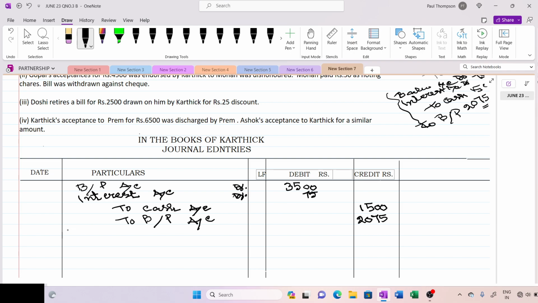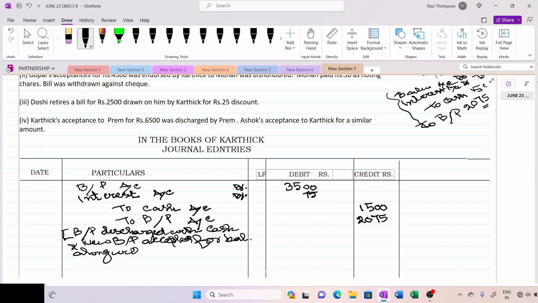So you can write here: BP discharged with cash payment and new BP accepted for balance along with interest. This is clear to you.